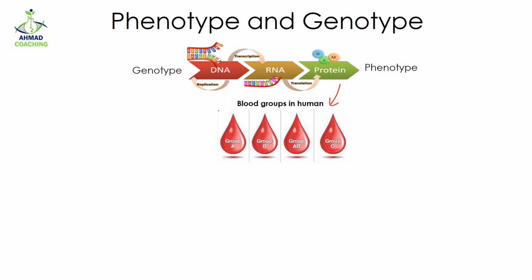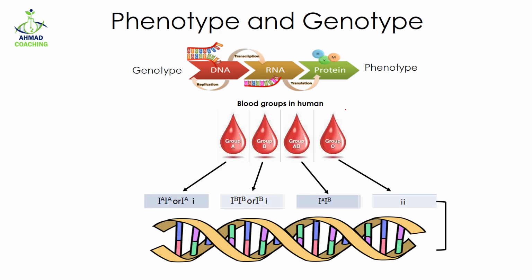So this is the phenotype. Now, the information of all these phenotypes is stored in the genes. So we know that if a person has a genetic combination of IAIA or IA and small i, that person will have blood group A. If the gene is IBIB or IB and small i, the person is going to have blood group B. And if a person has IA and IB genes, then the person will have blood group AB.